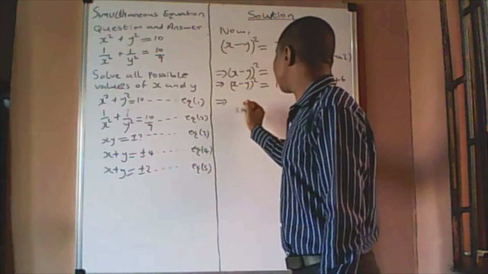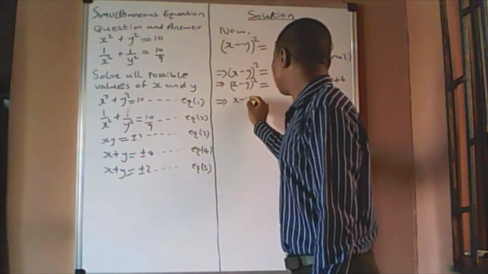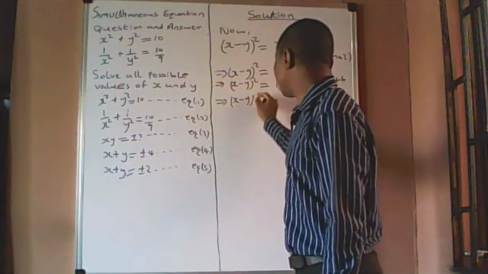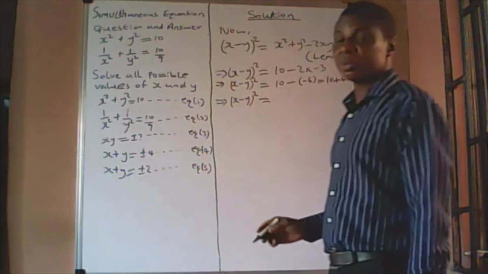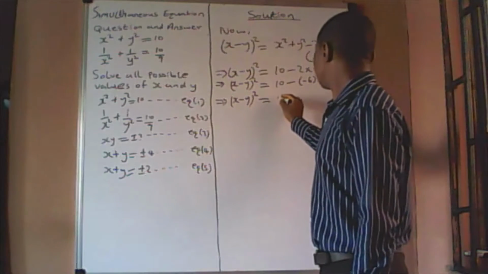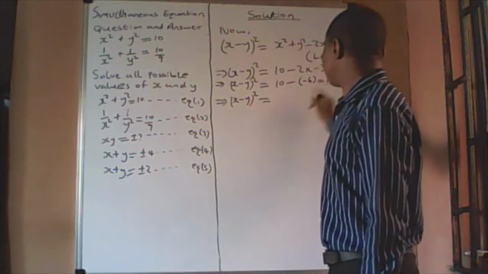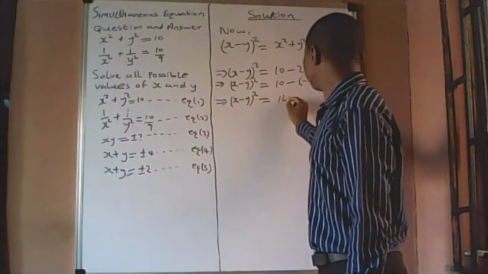It implies (x minus y) in parentheses power 2 is equal to 10 plus 6, which gives us 16.